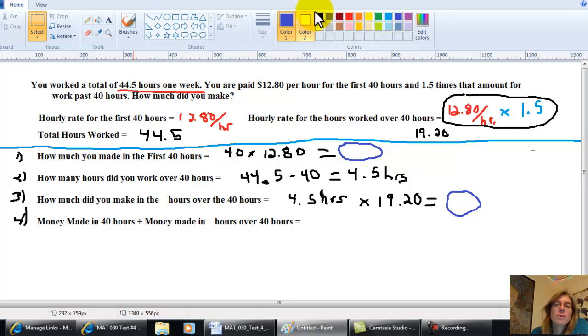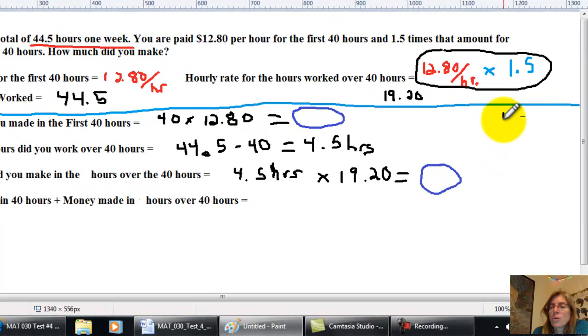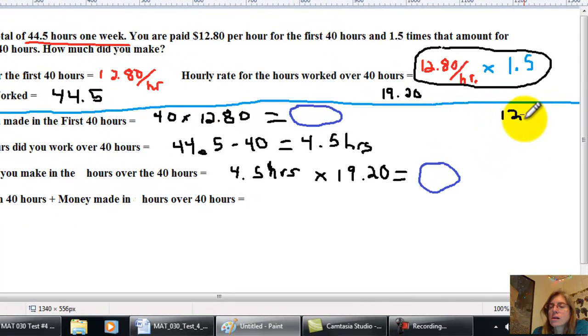So step 1, how much did you make in 40 hours, is simply 12.8. So it'd be zeros for the first 4 answers. 0 times 0, 0 times 8, 0 times 2, 0 times 1.